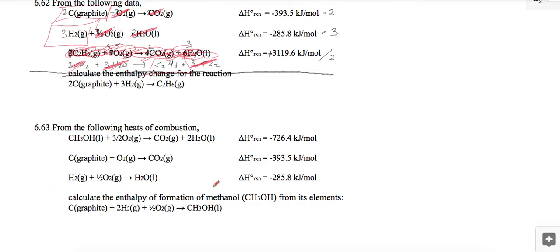This one down here is going to be a little bit easier. We're going to flip this first one. So we end up with CO2 plus 2H2O makes CH3OH plus 3 halves oxygen. I just remembered I didn't give you an answer here. It's negative 84.6. All right, so there's that. This one doesn't change at all.